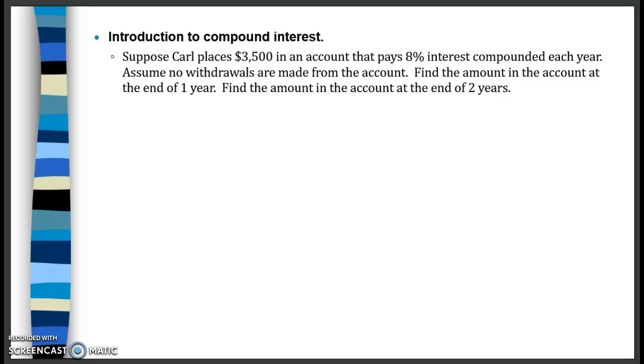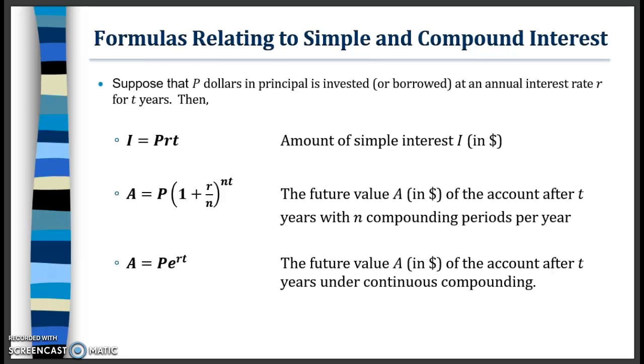So before we start this problem, I want to talk about the different types of exponential equations. Looking at these different equations, we have both simple and compound interest. Okay? When we're talking about simple interest, we take the principal times the rate times the time.